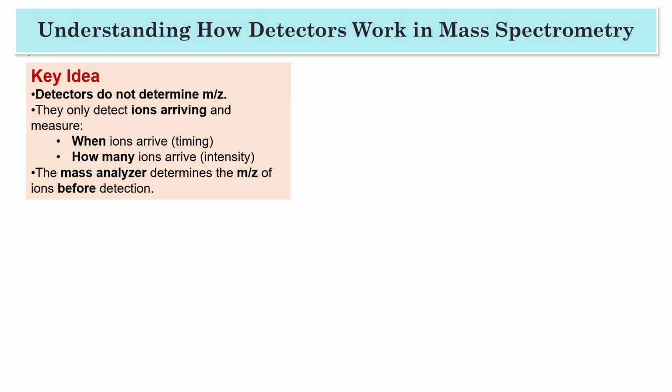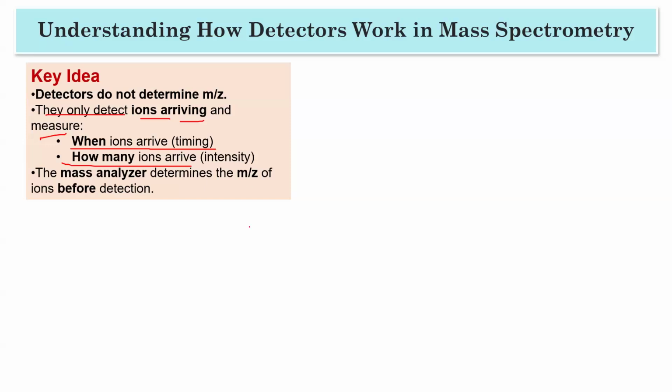Sometimes I felt that there is a misunderstanding, so I want to highlight it. Detectors will not determine m/z. The detector is not telling you what the m/z is; you have to understand that. They only detect ions arriving and measure when ions arrive, the timing, and how many ions arrive.